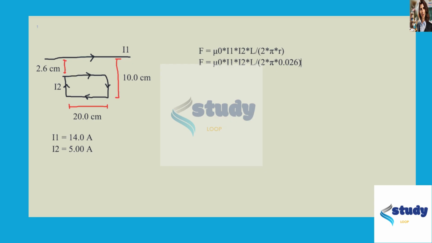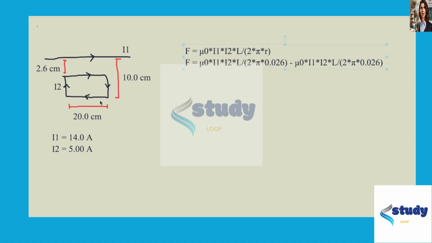So this is the force on the top wire. And then remember, we want to subtract the magnitude of the force exerted on the bottom wire. For the bottom wire, everything is the same, including the current, except it's going in the opposite direction, which is why we bring in this negative sign. And now the distance is 10 centimeters, so 0.1 meters.